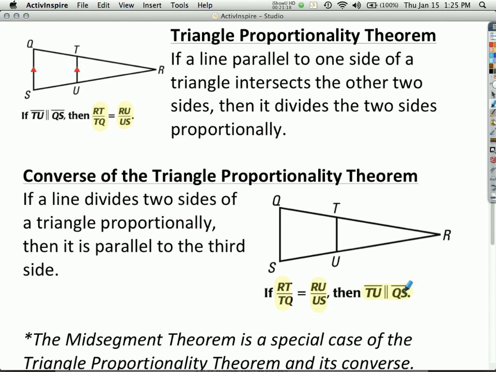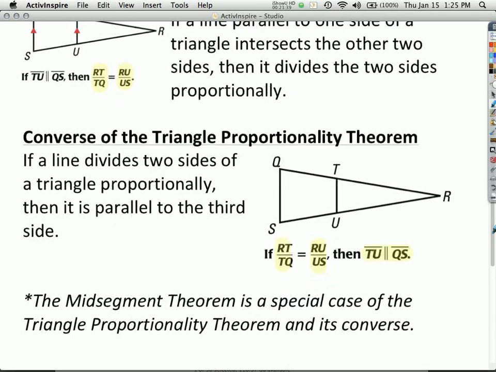So converse means going in the other direction. Hypothesis and conclusion flip-flop. If lines are parallel, then you get the proportion. If you get the proportion, then the lines are parallel. Any comments or questions about the triangle proportionality theorem? Yes? You've already seen this.